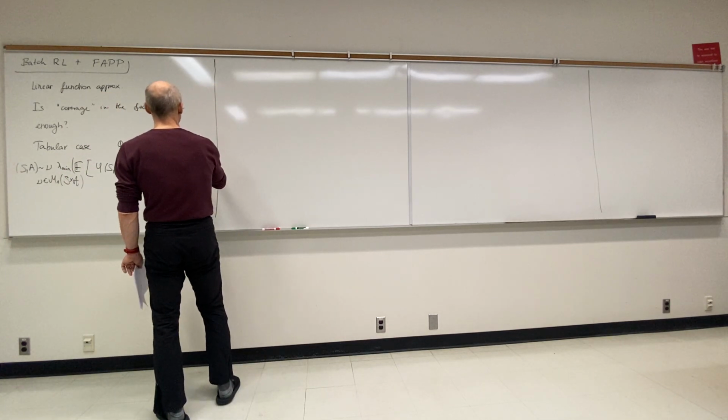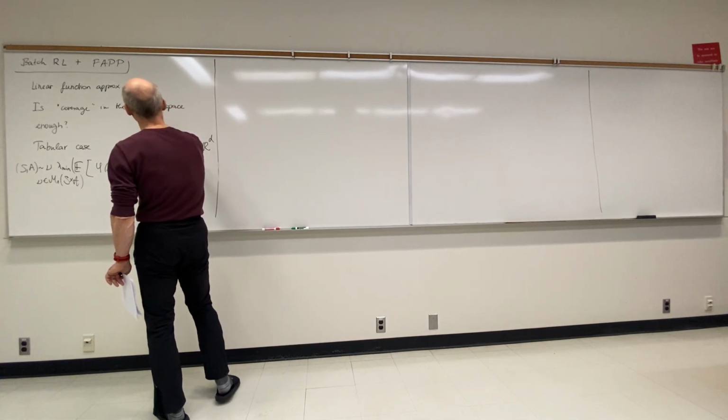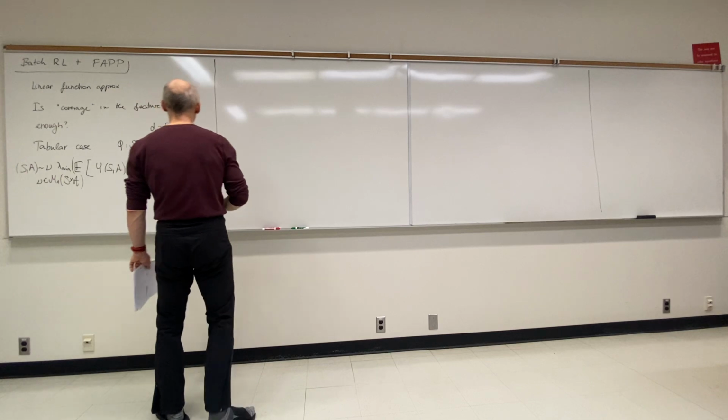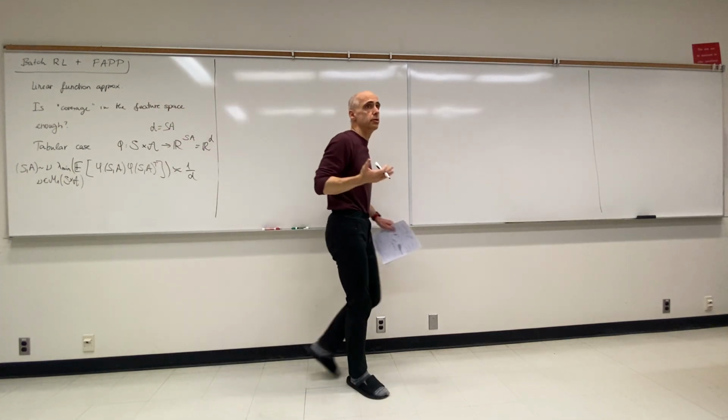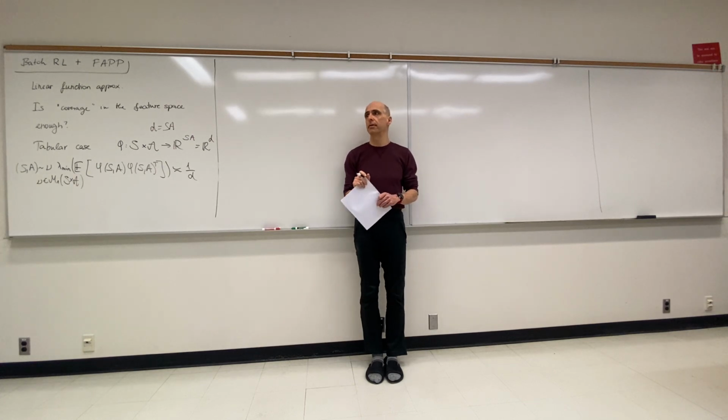So here, this is R^d. In the tabular case, d equals S times A, right? And so that's just the uniform distribution. That's just describing the uniform distribution in a complicated way. So in a tabular case, it's going to be satisfied if your sampling distribution is a uniform distribution.